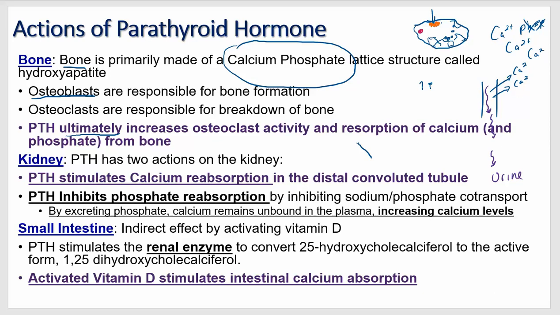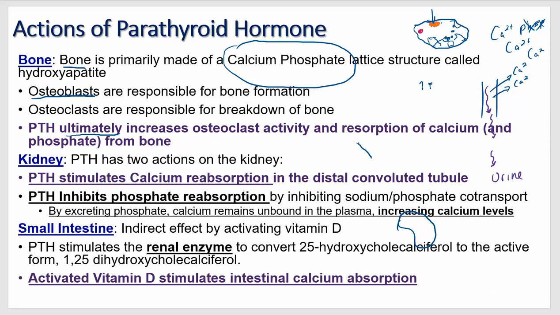Okay. So in the small intestine, we've mentioned this indirect effect by activating vitamin D. In the kidneys, PTH stimulates the renal enzyme to convert 25-hydroxycholecalciferol to the active form, which is 1,25-dihydroxycholecalciferol.